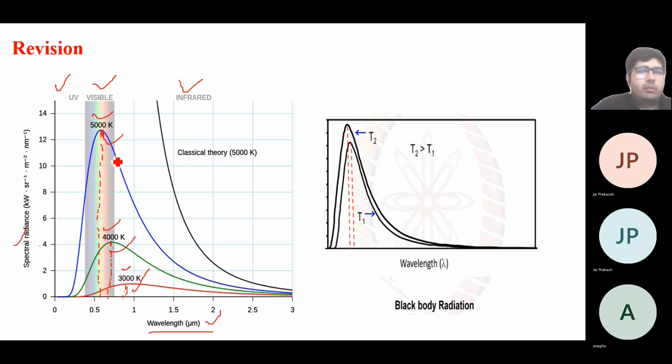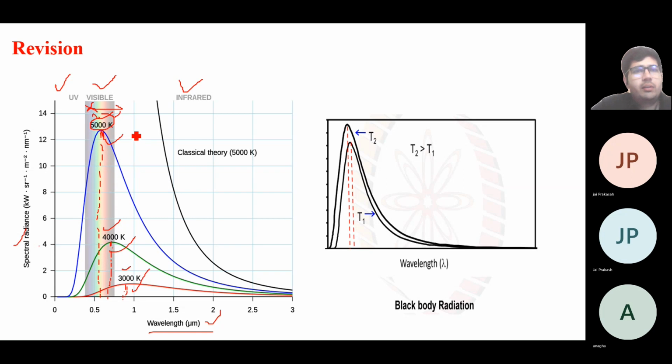That's why in the first slide we covered that for black body radiation, if the temperature is high, we will be able to see the radiation. So you can see this is the visible range. If the radiation is in this range, we can see it.